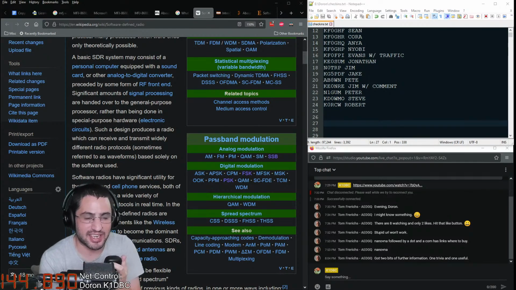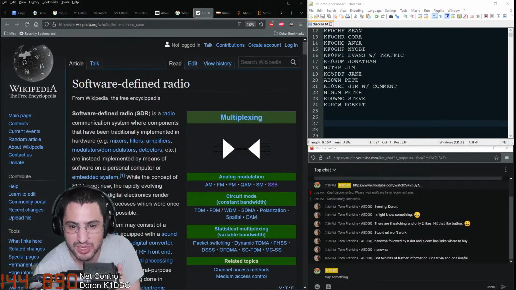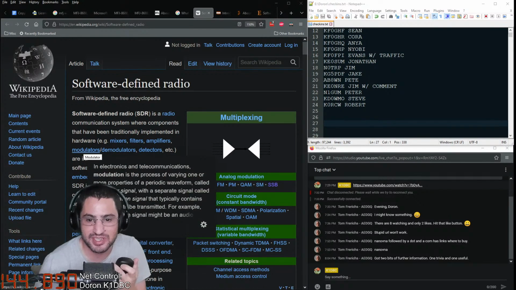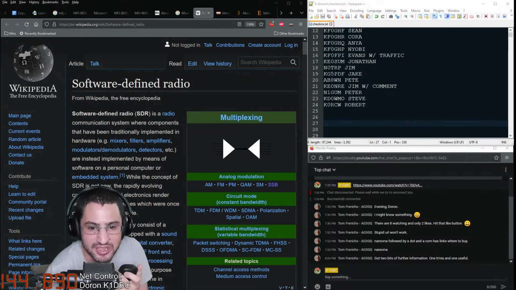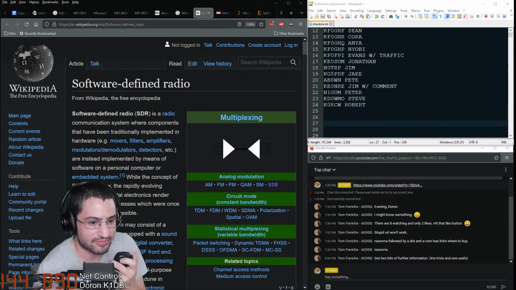Again, citation needed on that, but software-defined things are coming into place now. The Wikipedia definition is a radio communication system where components that have been traditionally implemented in hardware are instead implemented by software on a personal computer. Really cool stuff out there.